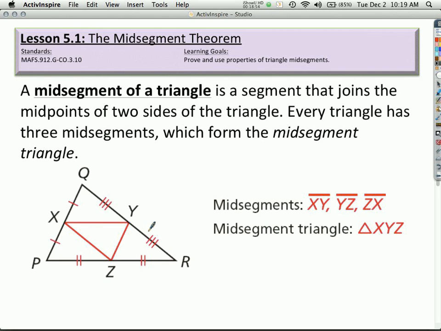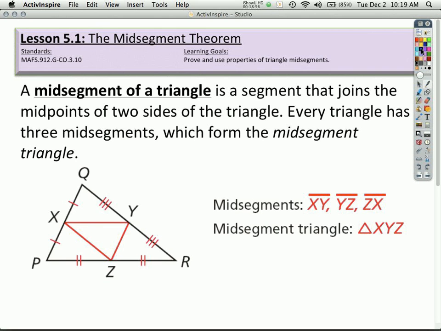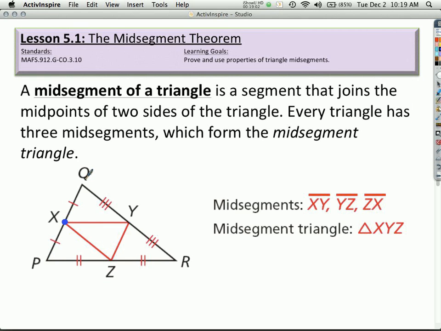Let me clarify a couple of things about this picture. X is the midpoint of PQ, and we can see that because of the tick marks here and here. That tick mark indicates that those two are congruent. PX is congruent to QX, which means that's the midpoint.